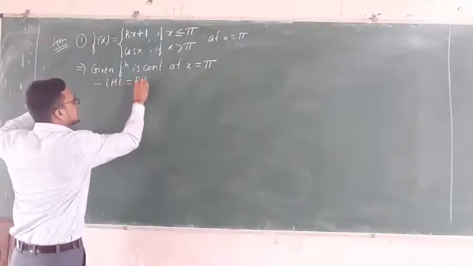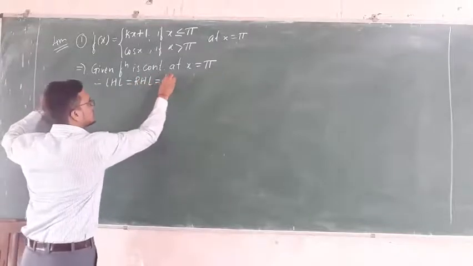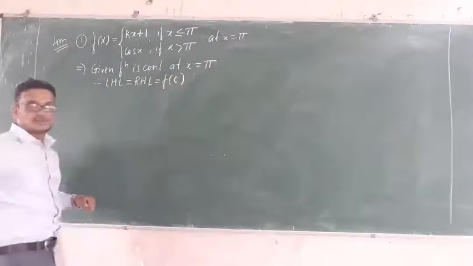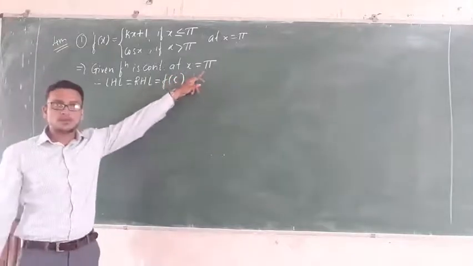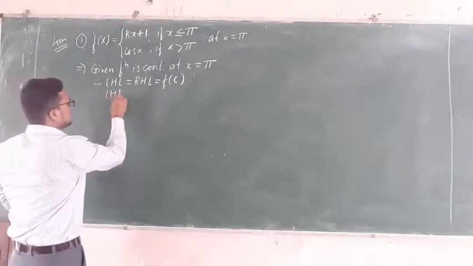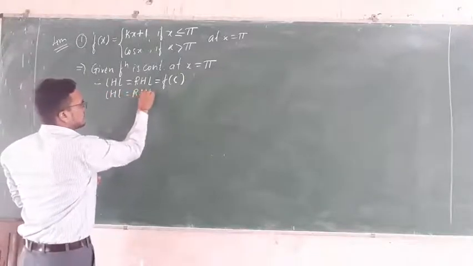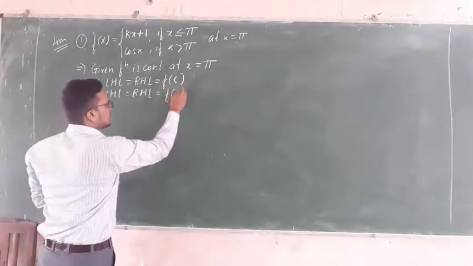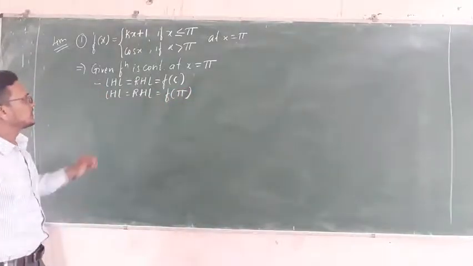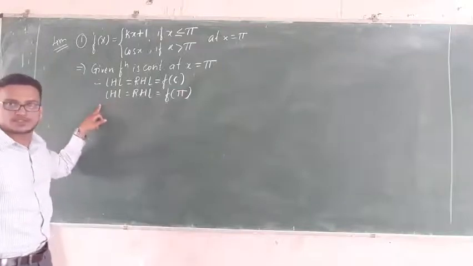LHL is equal to RHL is equal to f of c. But c is what now? Pi. Now I will say LHL is equal to RHL is equal to f of pi. Now what we have to do is just find all the three values first.